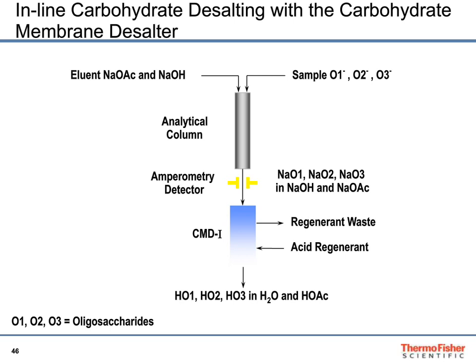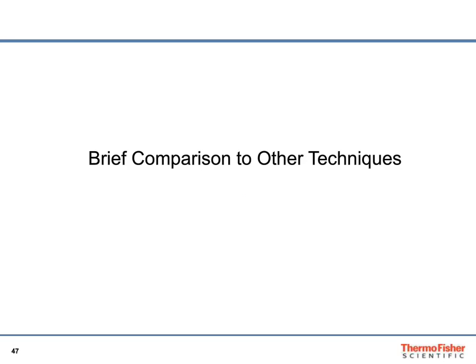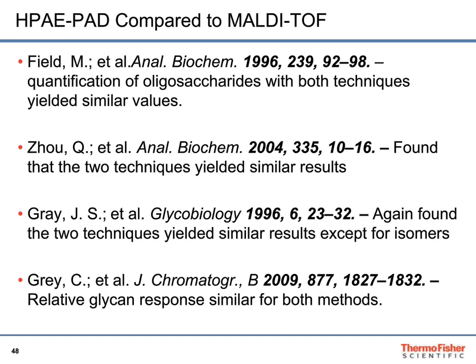So let's briefly compare HPAE-PAD to other techniques. If we compare it to MALDI-TOF, there are 4 publications that I'm aware of, which I've cited here, that compared HPAE-PAD directly to MALDI-TOF. And you see what the first one from 1996 says, that when they quantified oligosaccharides with both techniques, they got similar values.